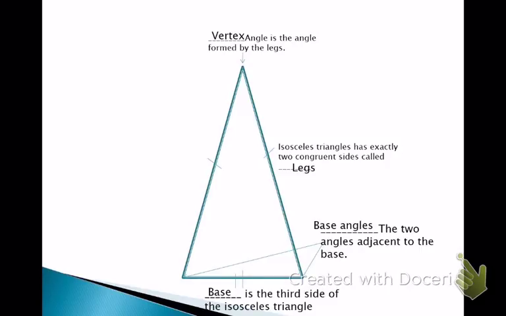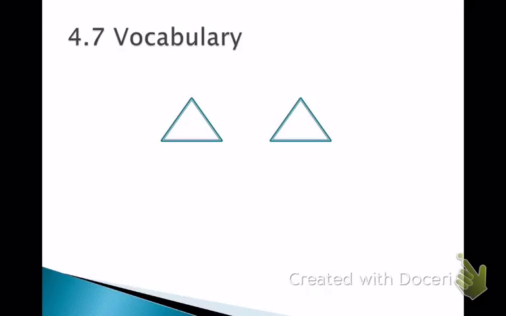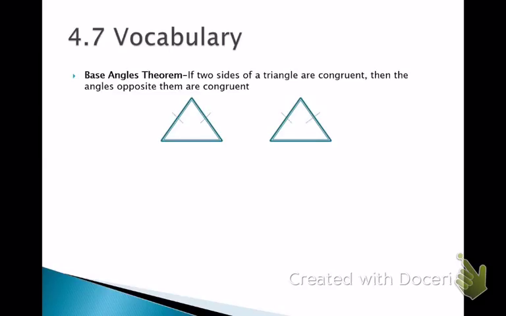Okay? All right. With those parts in mind, and through some discovery that we did in class, and again, I'd be more than happy to walk you through that some other time, here's what we know. We know that if, and it's called the base angles theorem, if two sides of a triangle are congruent, then the angles opposite them are congruent.